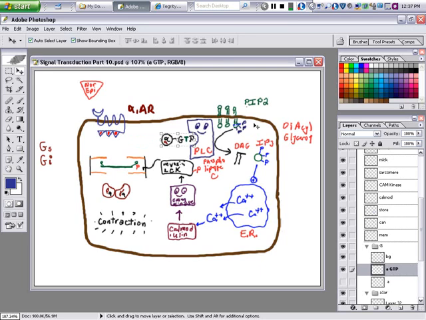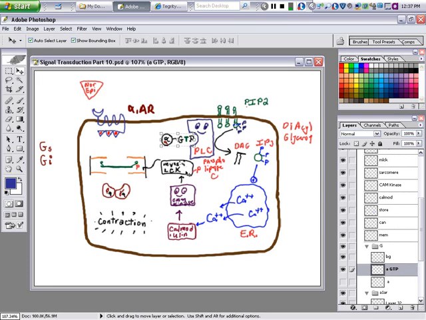Phospholipase C cleaves a phospholipid in the membrane, PIP2, to create two things, DAG and IP3. IP3 releases calcium from the endoplasmic reticulum. The calcium activates calmodulin. Calmodulin activates CAM kinase. CAM kinase phosphorylates myosin light chain kinase.